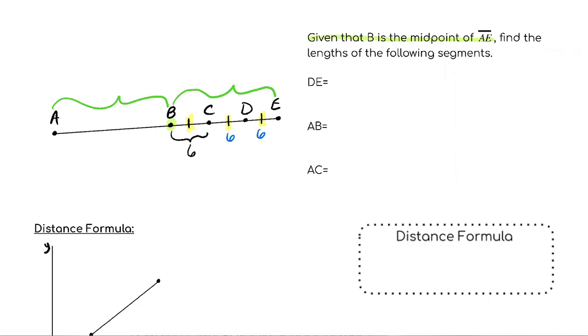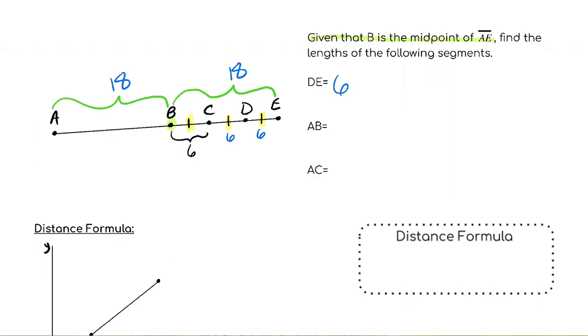What that means is now we are able to see that from B to E would be 3 of these segments, making it a length of 18. And if BE is 18, so is AB. So we can go from there, finding our missing pieces.